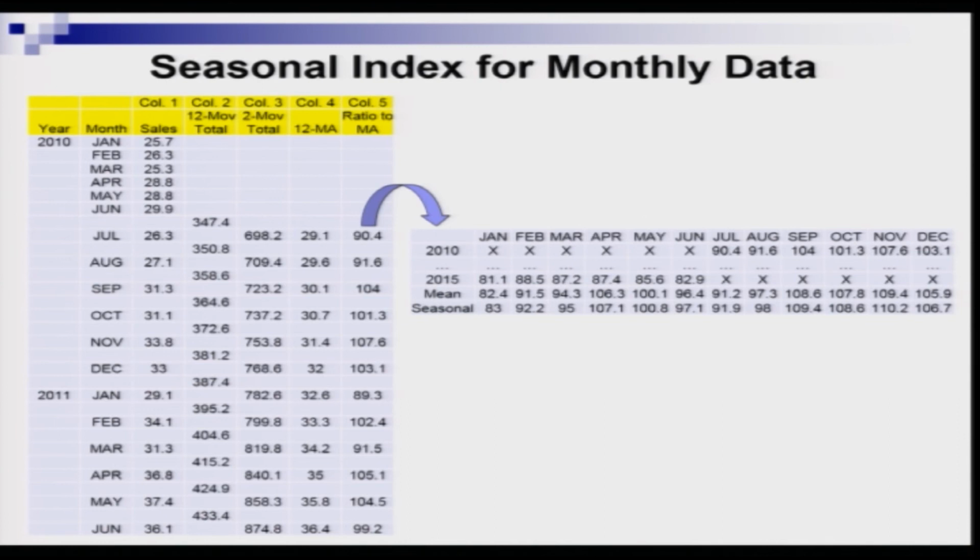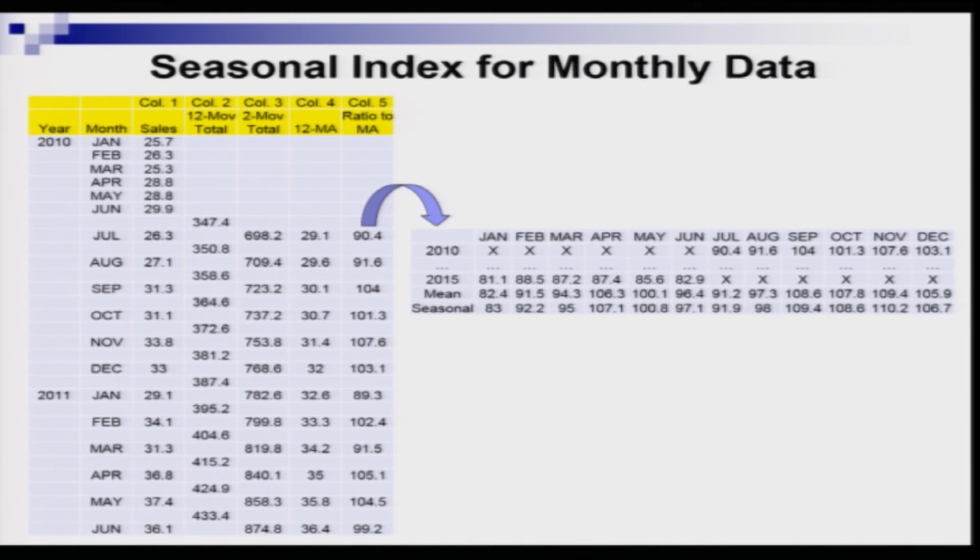This is the way you can compute the other ratio to moving average numbers for other months. Now you see these calculated ratio to moving average numbers are taken to a different table, table number 2, and here in the rows I have 6 different years from 2010 to 2015.